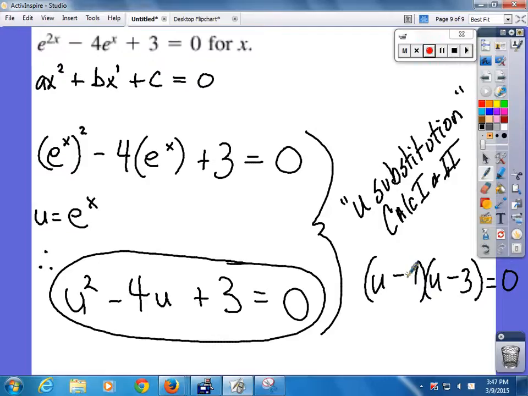So, what is u equal to here? And what is u equal to here? So now, what is U? Got it right here. U is equal to e to the x. So what am I going to do here?